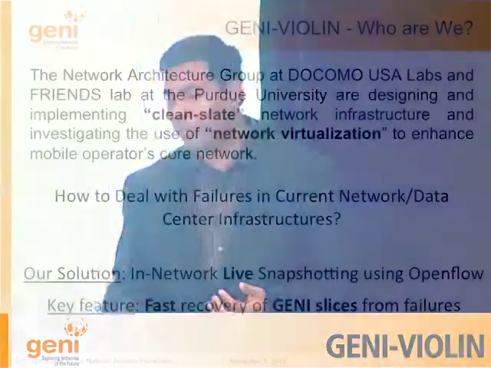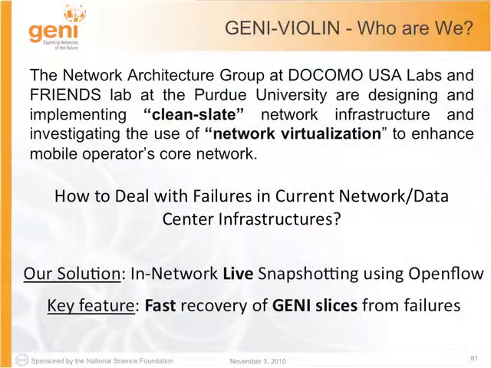The solution we are providing is in-network live snapshotting using OpenFlow. And the key feature it enables is fast recovery from failures, if there are failures in the large-scale infrastructures.